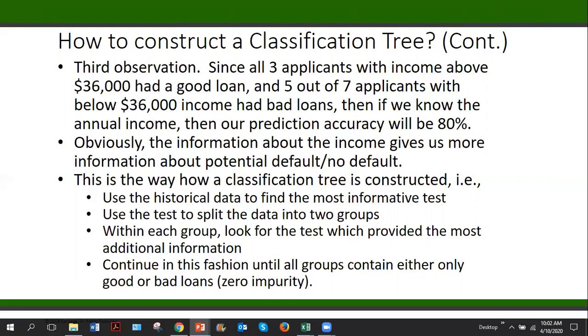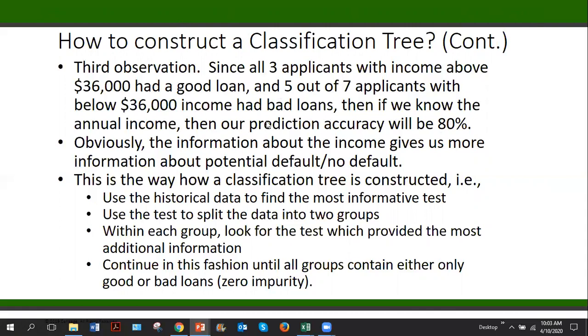So if we know the annual income, then we can estimate or classify a new customer, and our accuracy will increase up to 80%. Because if the customer's annual income is more than 36, we will approve the loan. If it's less than 36, we will disapprove the loan. So in that case, we will be correct in 8 out of 10 cases, which is 80%.